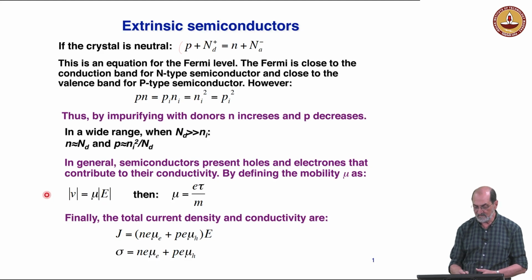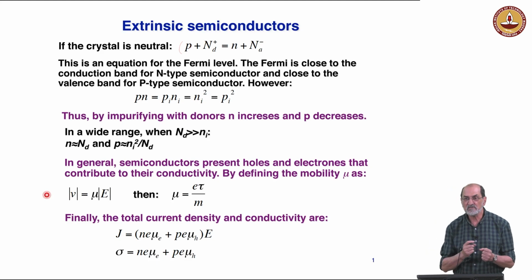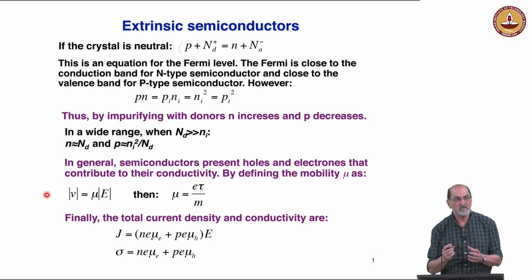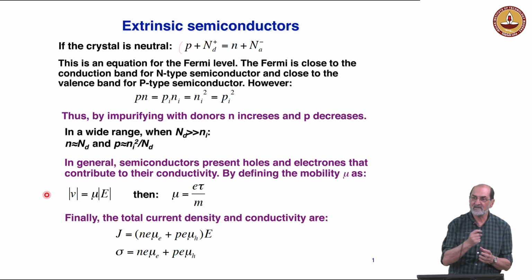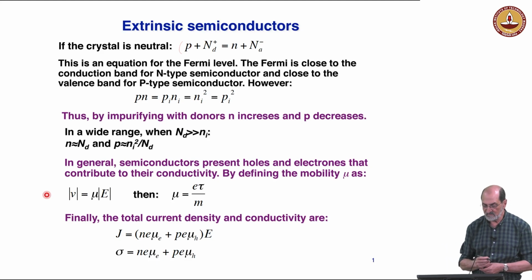And the mobility is related to the time between collisions of the electrons. The longer the time before collisions, the more time the electrons have to accelerate due to the electric field, so the speed is going to be larger.